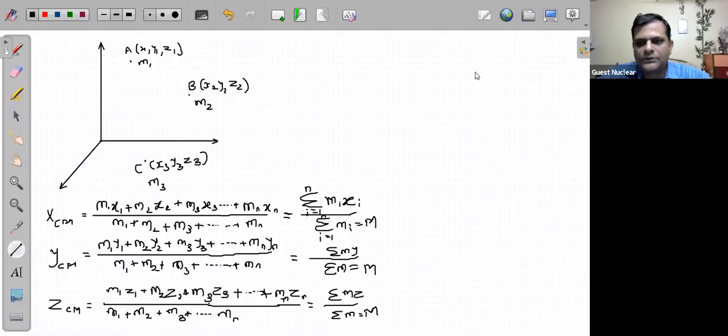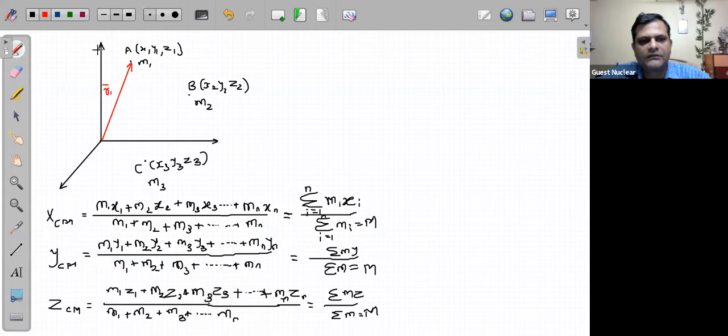Yes, so this is what I want to tell. See, we have these three different vectors, one of which is joining the particle A here. So we can just denote it by R1 bar. Okay, this vector, we will call R1 bar.